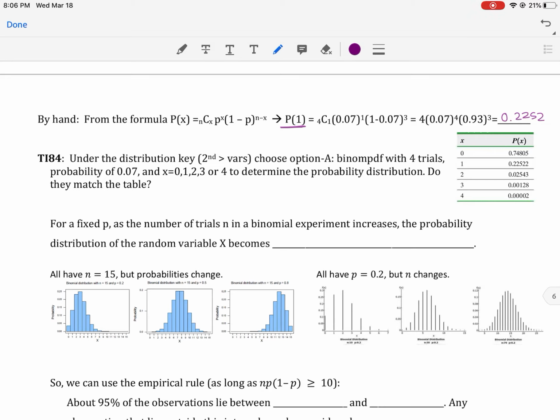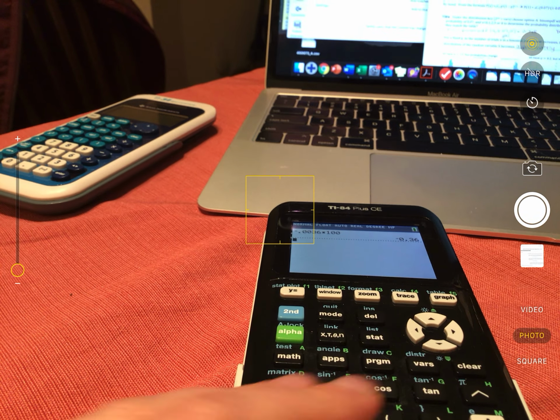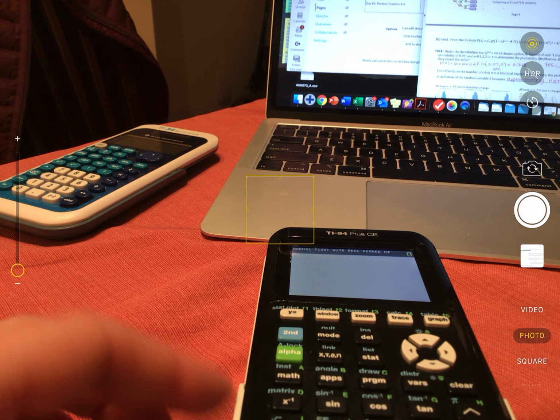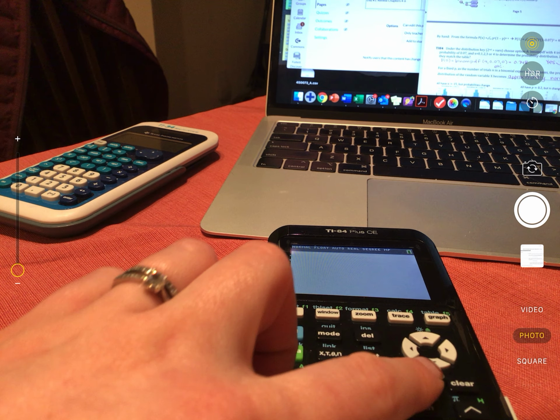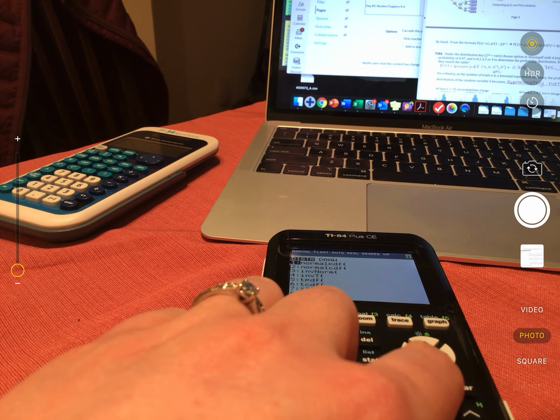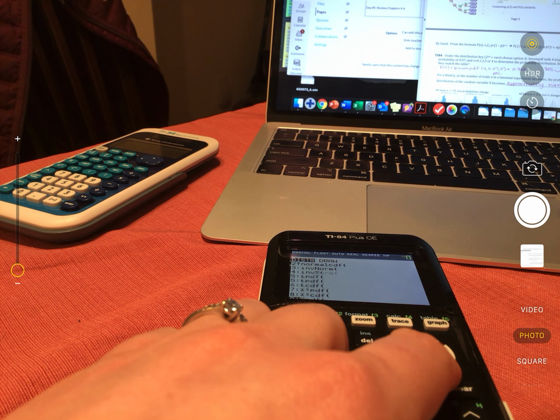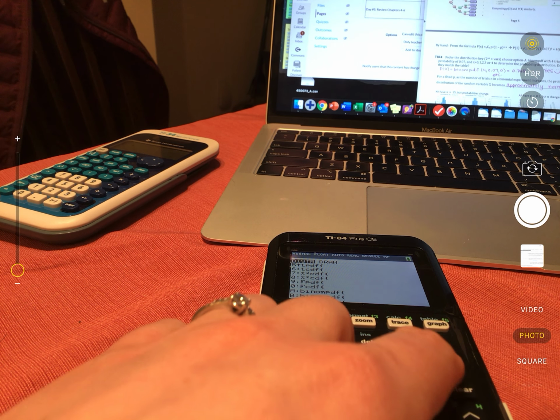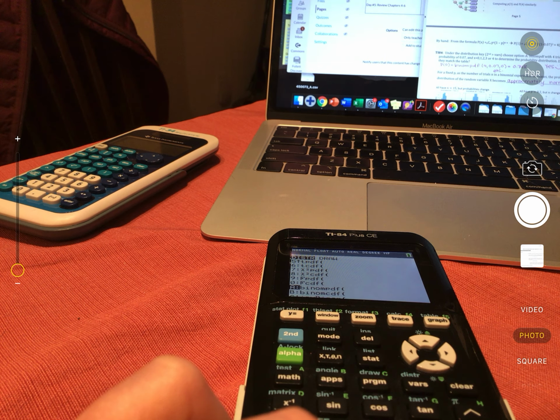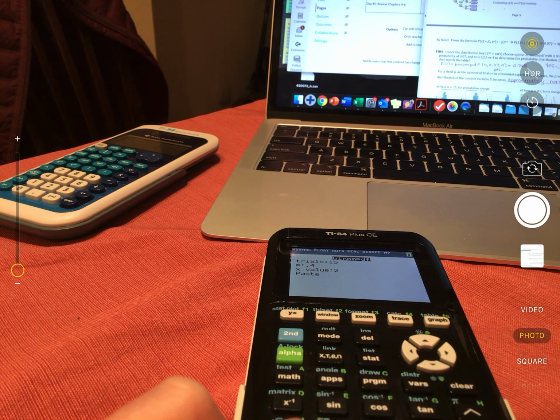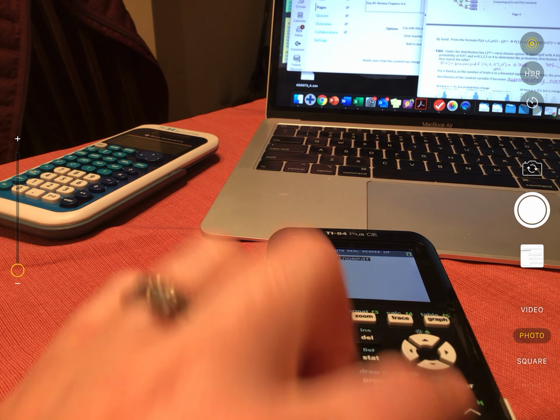Lastly, if we look at our calculator, and this is going to be the new part, so let's take a look here. We're going to hit, in this case I'm going to clear, we're going to hit second and then vars. If you keep going down the list, we're going to go to binompdf, meaning precise, and it asks you for things like trials.